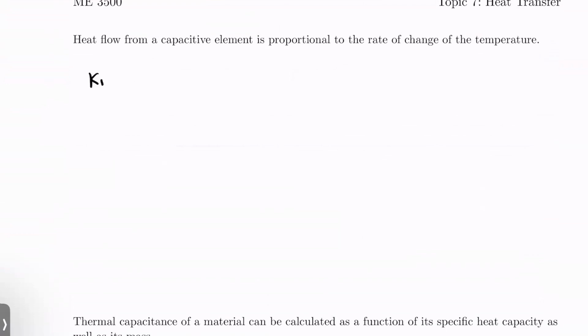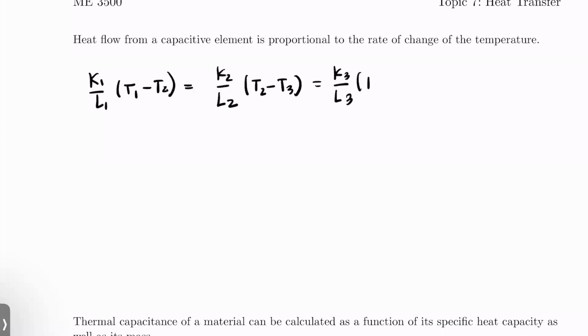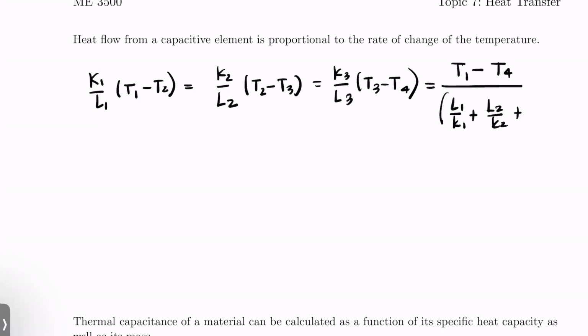So we have that K1 over L1 times T1 minus T2 is equal to K2 over L2 times T2 minus T3, which is equal to K3 over L3 times T3 minus T4, which is also equal to T1 minus T4 divided by L1 over K1 plus L2 over K2 plus L3 over K3.